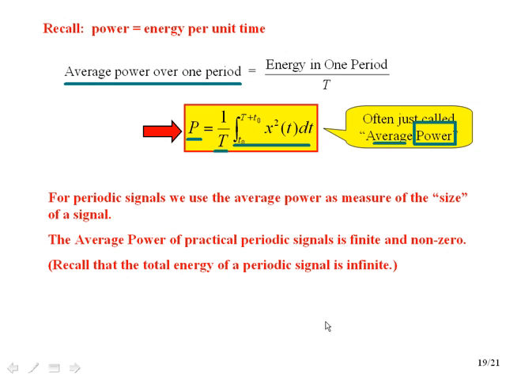Okay, so as I've already stated here, for periodic signals, we use the average power as a measure of the size or the strength of the signal. And we've established here that the average power of practical periodic signals is finite and non-zero, but that the total energy of a periodic signal is infinite.